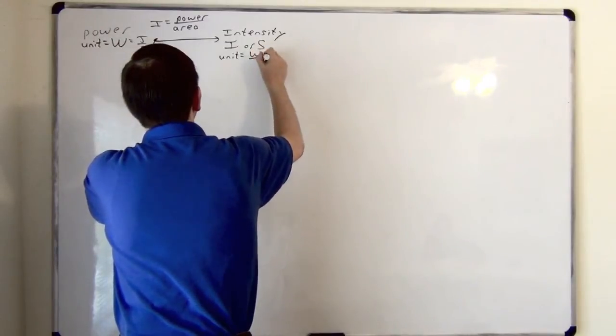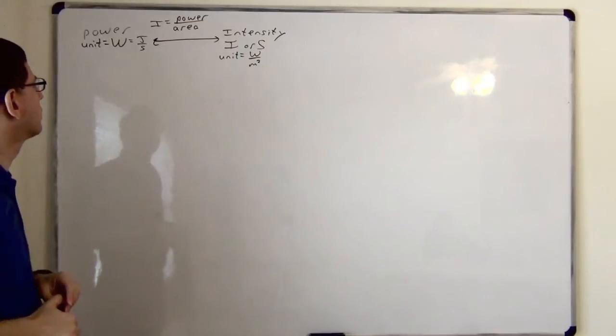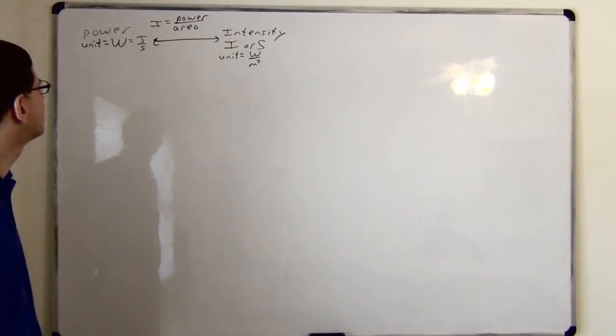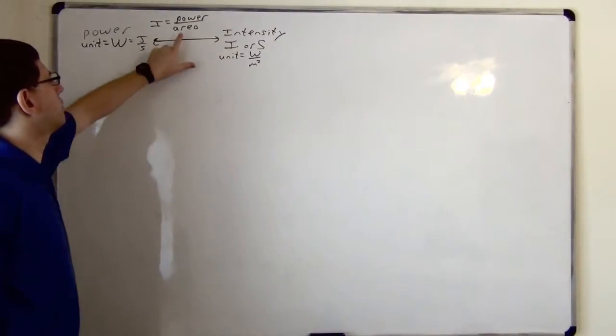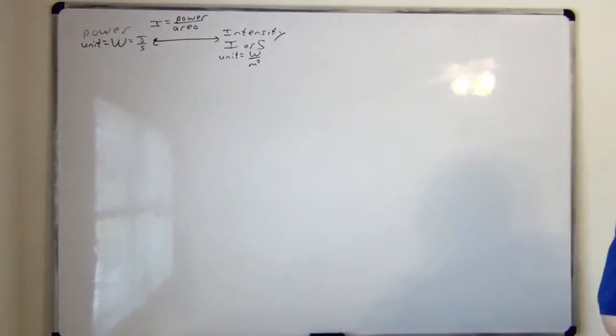Watts over meters squared. You can figure that out from the formula. There's no special name for those units. But I'm not going to write down any particular area formula here, because the exact area you calculate depends on the situation and the problem. I gave you a problem where it made sense to think of a spherical area, but other problems might have a different area.